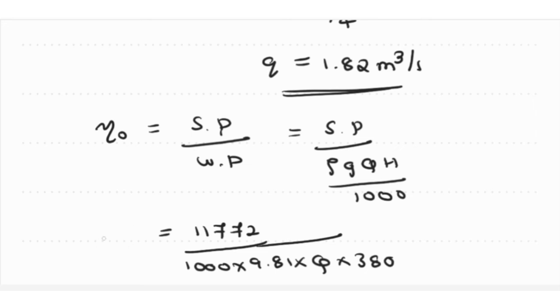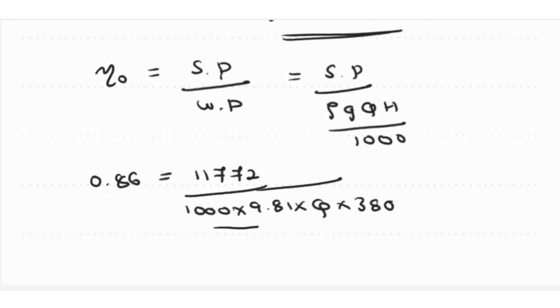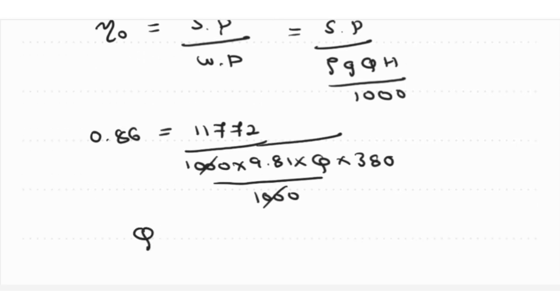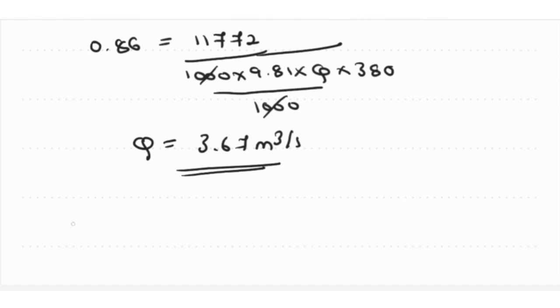Overall efficiency is given as 0.86 divided by 1000. This 1000 and this 1000 get cancelled, so we'll get capital Q is equal to 3.67 meter cube per second.